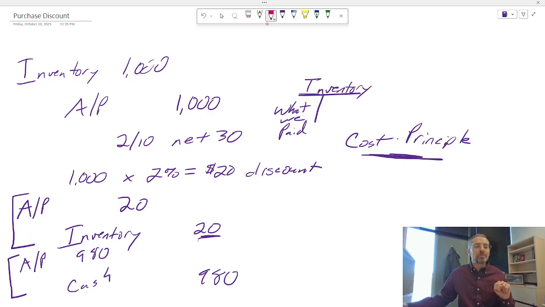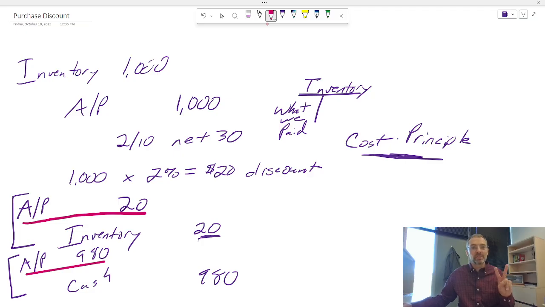So how do we combine these two journal entries into one? Whenever you are combining journal entries, like in mathematics, you want to combine like terms. Right now, the only like term I have is accounts payable. I have a debit to accounts payable of 20 and a debit to accounts payable of 980.